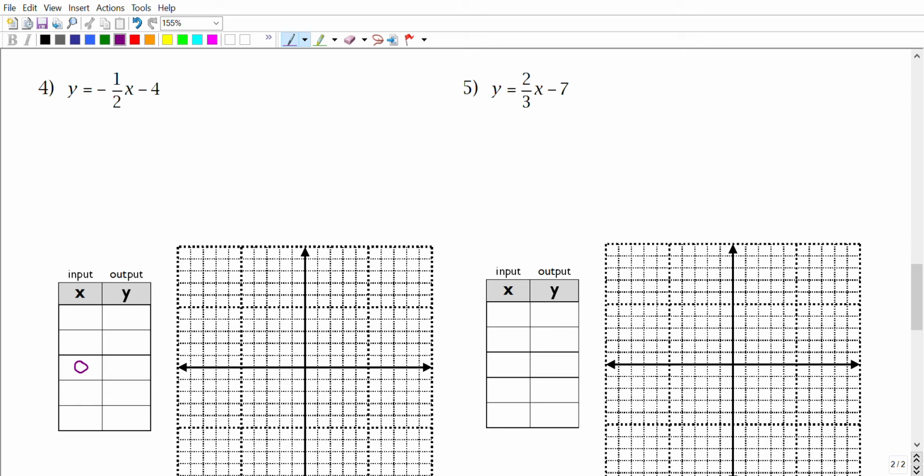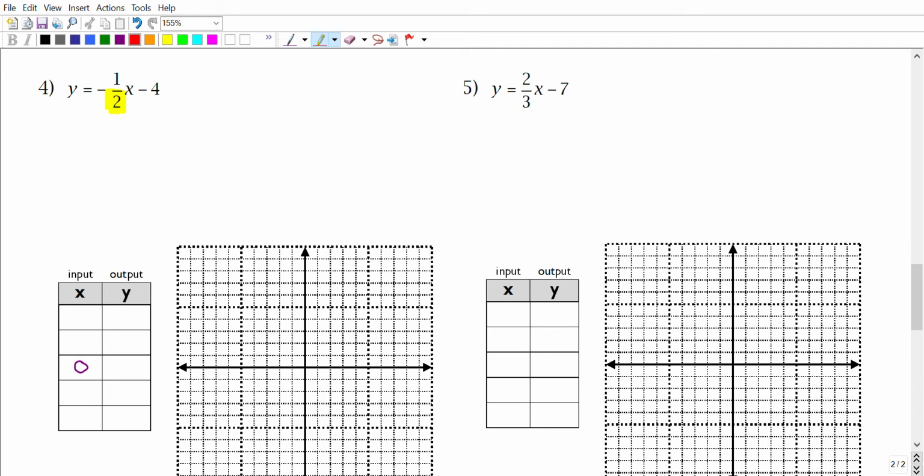Okay, now in this case, notice right here that we have a fraction. Let me go ahead and highlight this. Notice that we have a fraction with a denominator of 2. Okay, later on we're going to talk about how that number, that whole negative 1/2, represents our slope.